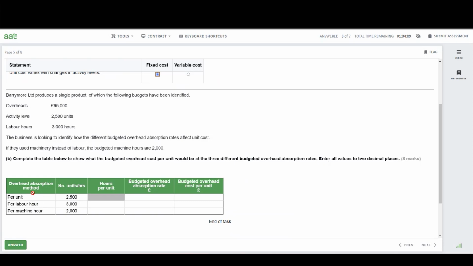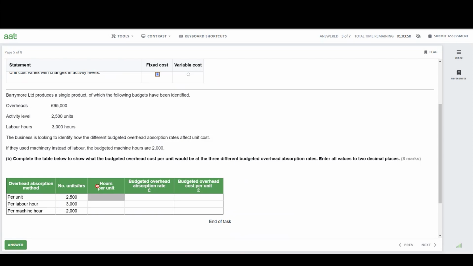Let's look at this table then. So we've got the overhead absorption method on each row, the number of units or hours that relate to that method. So there's 2,500 units produced, or 3,000 labour hours, or 2,000 machine hours.